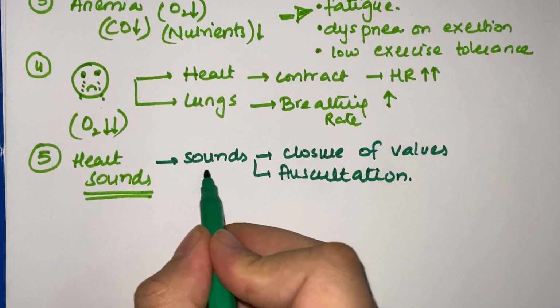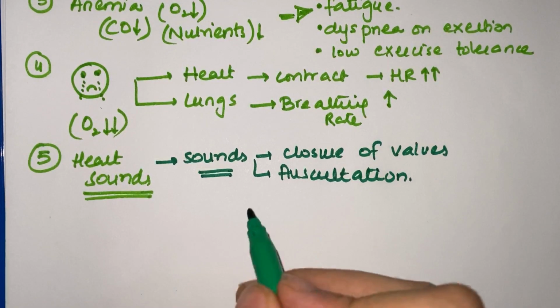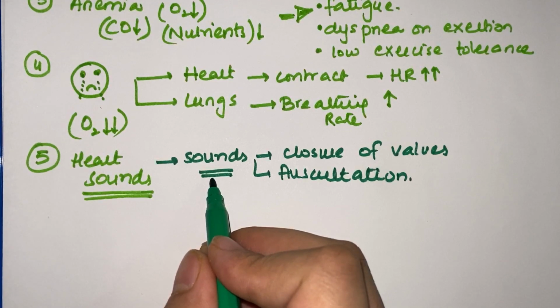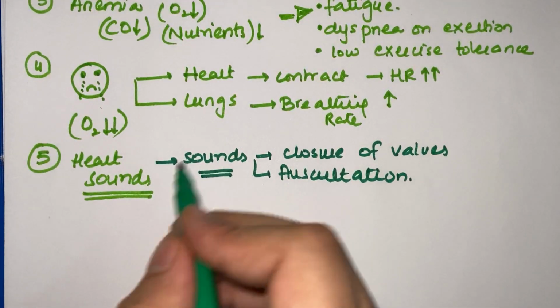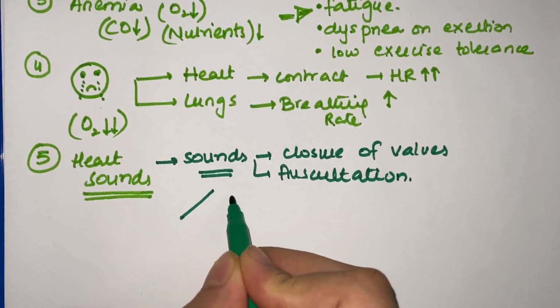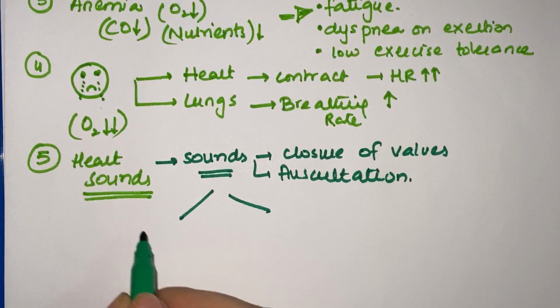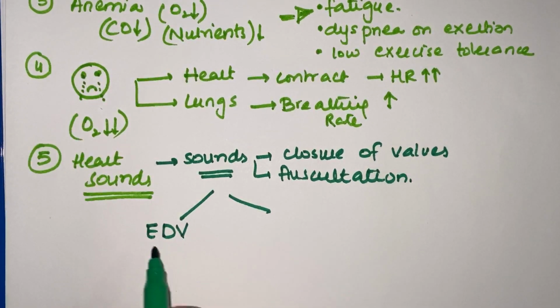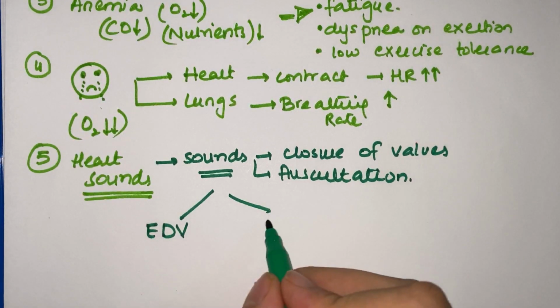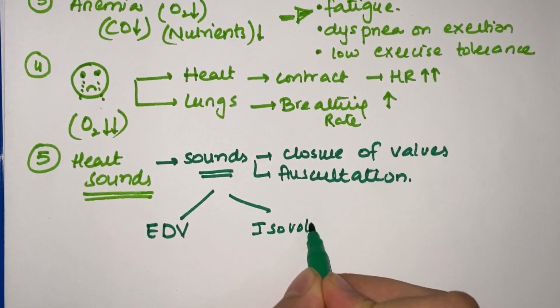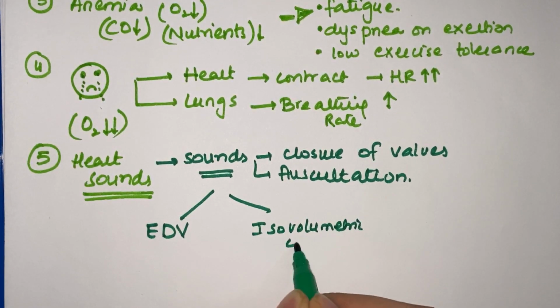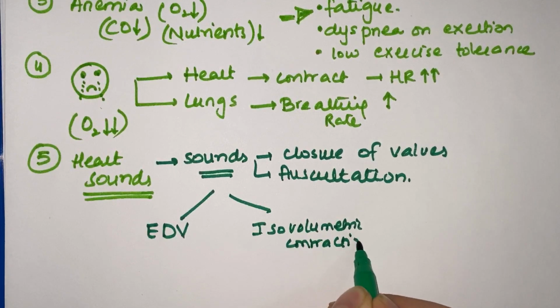Now the amount of this sound, or the loudness of this heart sound, depends on two major factors. First of all, what is the end diastolic volume of the chamber, plus what is the isovolumetric contraction. Now I'll explain this.